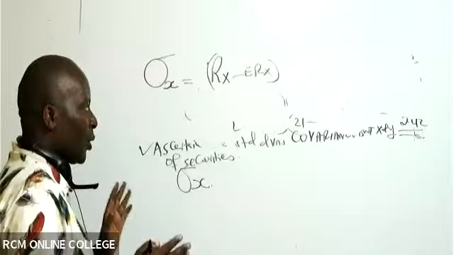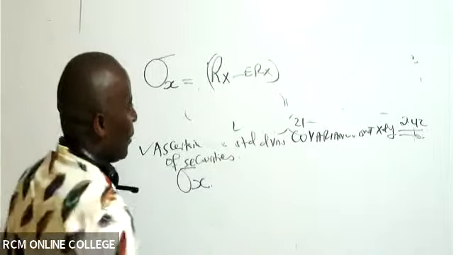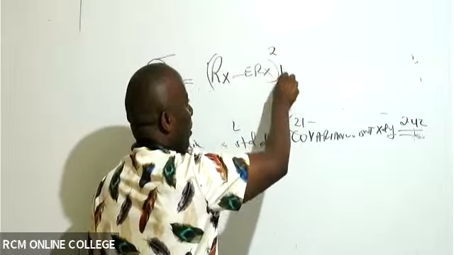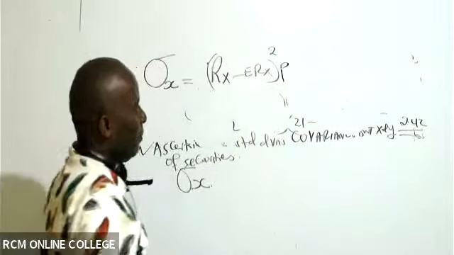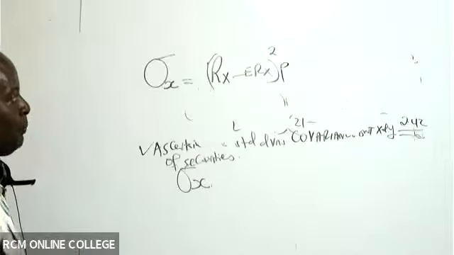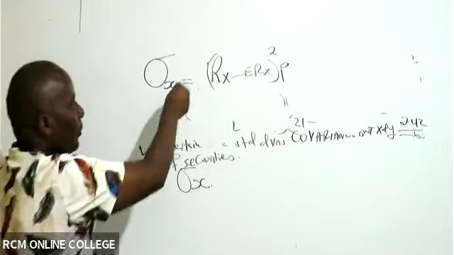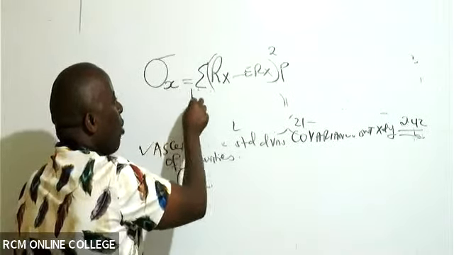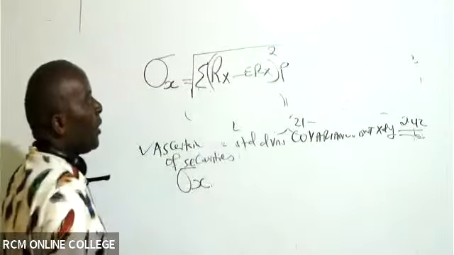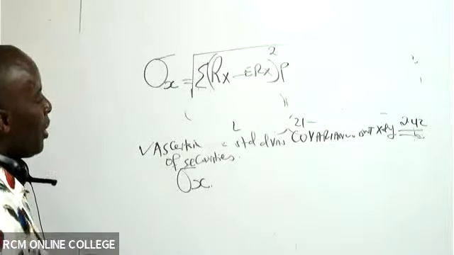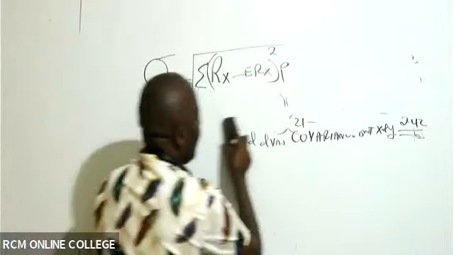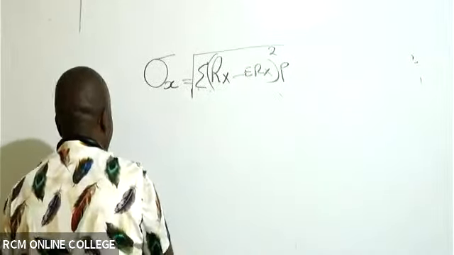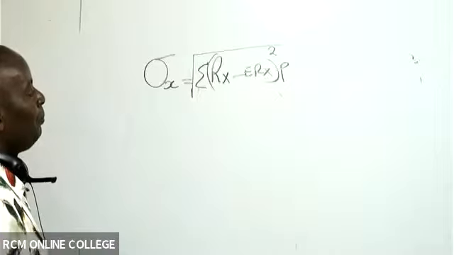These must always be squared. There are many of them, so each one you multiply by its probability, and because there are many, you sum. It can't be standard deviation without a square root.